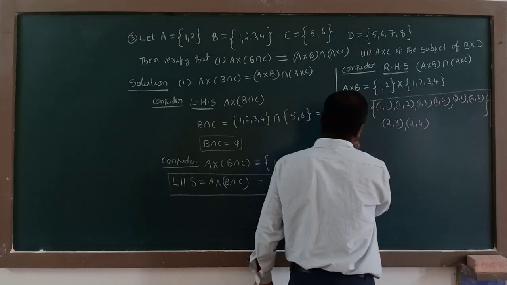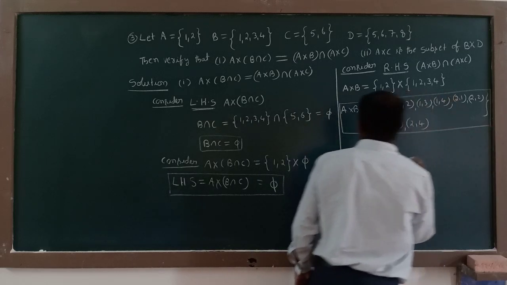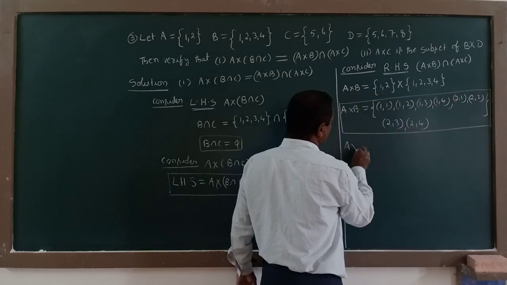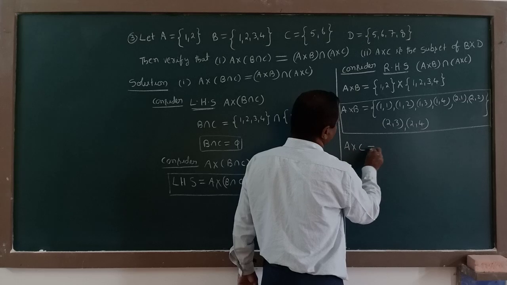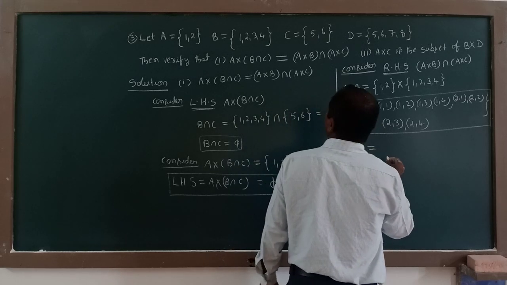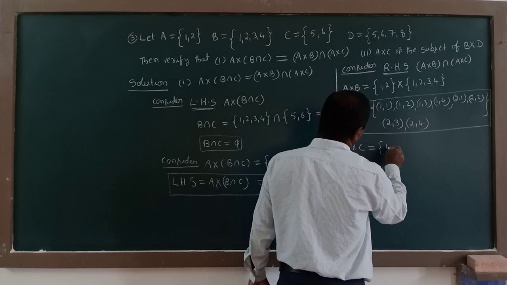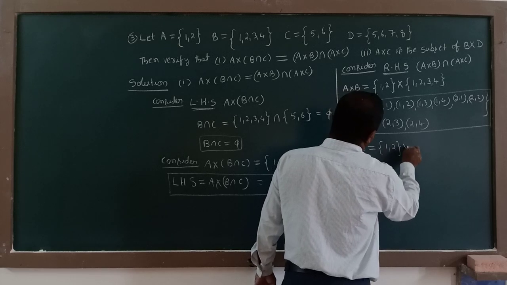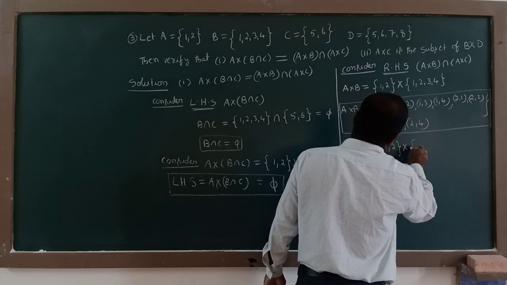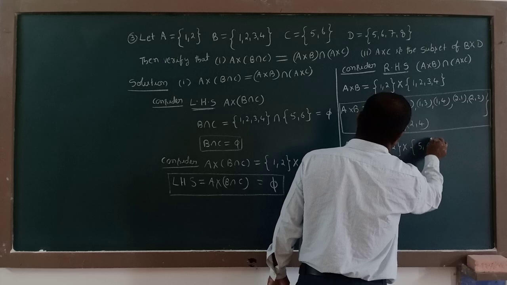Next find the elements for A cross C also. What are the elements of set A here? 1, 2. Cross, what are the elements of C here? 5, 6.